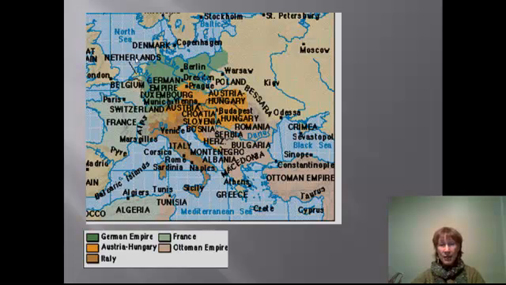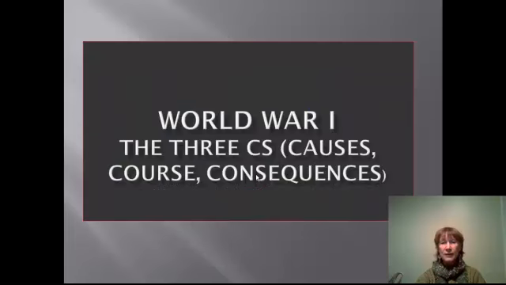So the first thing I'm going to ask you is to look at this area. If we understand what is happening here, then it's very easy to understand what triggered the First World War. I want to remind you that when historians deal with historical events, they look at what is called the 3 C's: causes, course, and consequences.